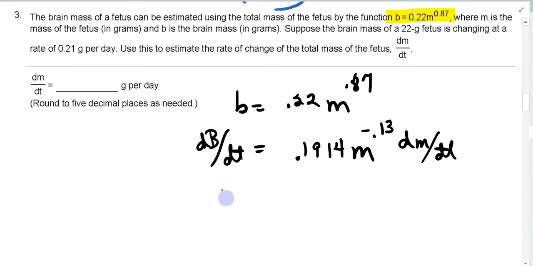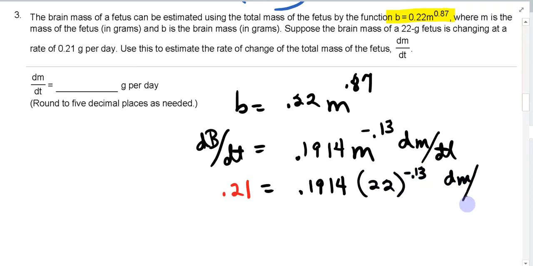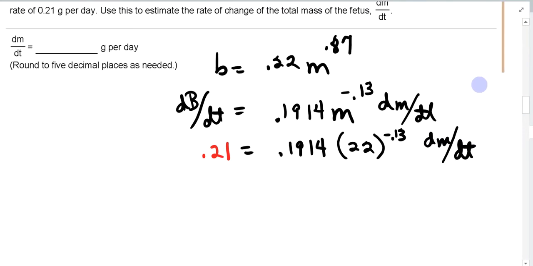So we're going to put 0.21 here equals, and I'm going to put 0.1914, and then the mass that we were given was 22 to the negative 0.13, and dm/dt is what we're trying to find. So typically that's what's going to happen. We'll take the derivative and then we plug in the things that we do have.